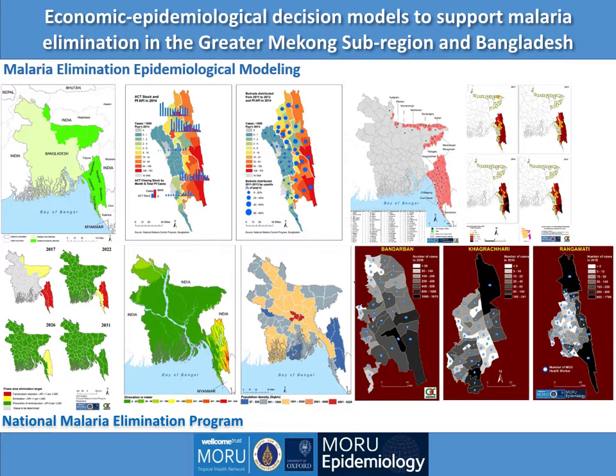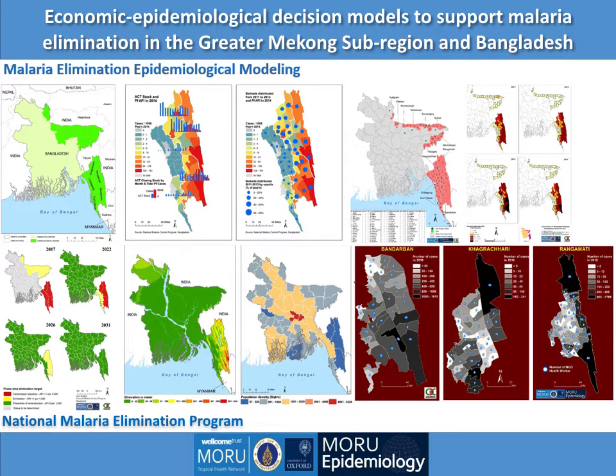The next one represents the relationship between the cases and the stock of medicine on top of cases per thousand in 2014. The third map is the distribution of bed nets in 2014, and the last one on top shows the annual parasite incidence in consecutive 4 years from 2012 to 2015.